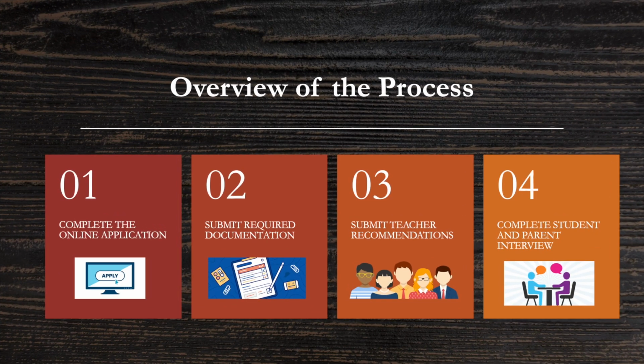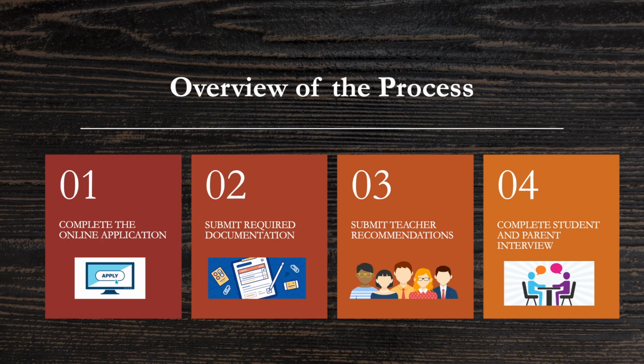Just a quick overview of the process. There are four big steps to completing the Upward Bound application. The first step is to complete the online portion of the application. The second step is to submit required documentation. This would include, for example, parent tax returns, transcripts, and grade reports.